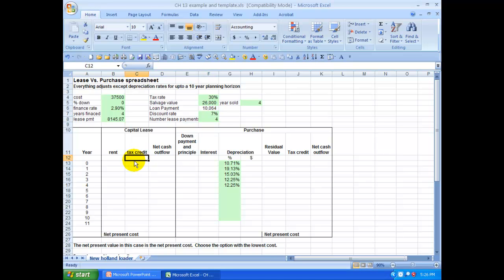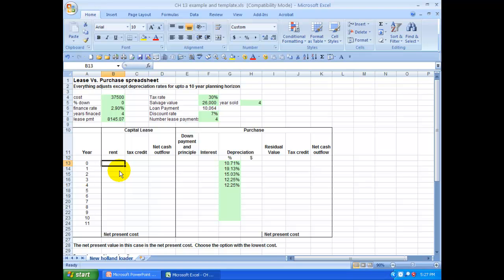These numbers are very old, probably 6 or 8 years old, but I actually did call an equipment dealer at the time. This is going to show that leasing is a lot more expensive, but there will be other times where it may be just the opposite, and that's why we need a spreadsheet like this to analyze it.